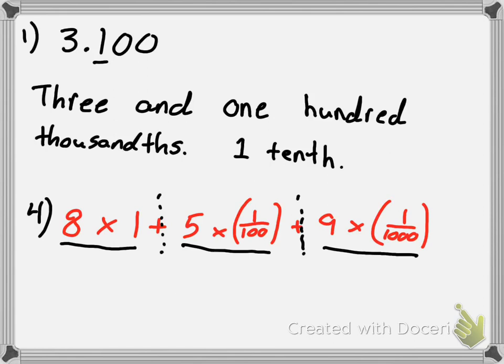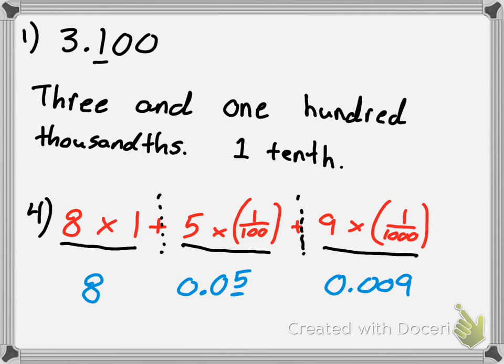So first I'm going to do the math of 8 times 1, and that's just 8. So I know that 8 is going to be a whole number. I'm going to do 5 times 1 over 100, and just like before, it really means it's a 5 in the hundredths place. So 0.05, 5 hundredths. And then I'm going to do 9 over 1,000, which we know is just going to be a 9 in the thousandths place. Now all I have to do is add them together.